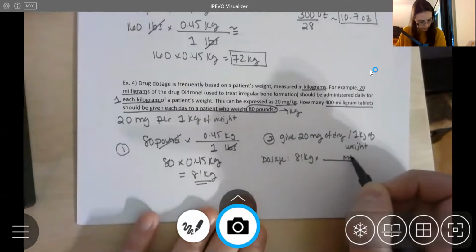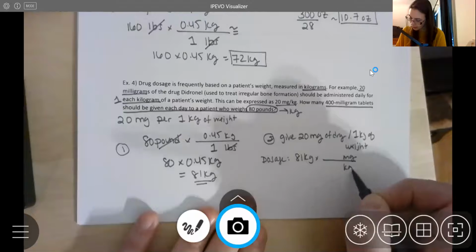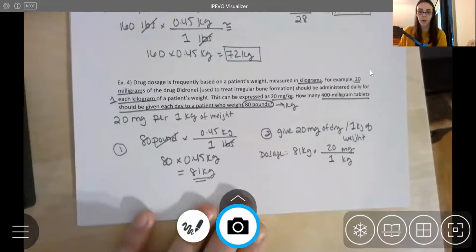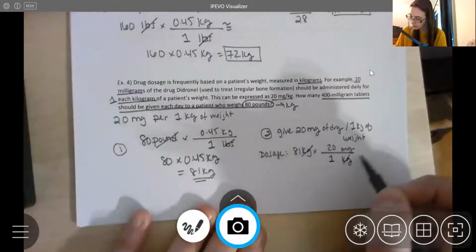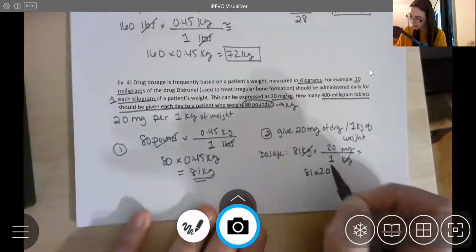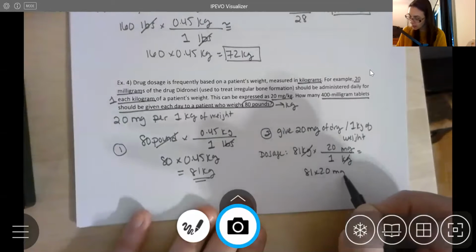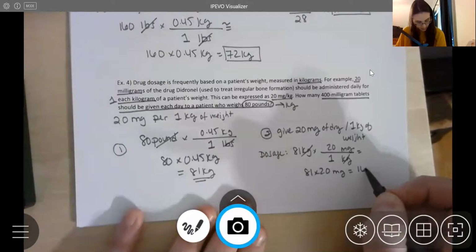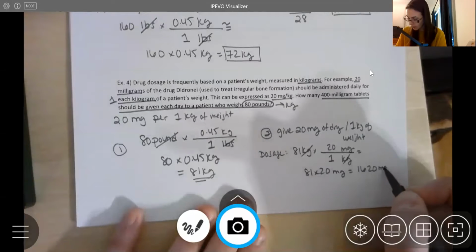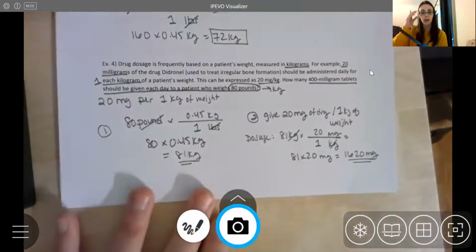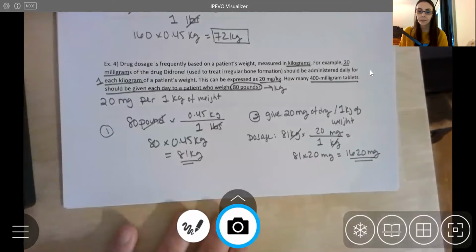So I'm going to go to milligrams of the drug for a kilogram of body weight. So it's 20 milligrams for 1 kilogram of body weight. So I'm looking at 81 times 20 here. Again, divided by 1 is not going to make a difference. So I'm looking at 1,620 milligrams of the drug is what they should be taking each day.